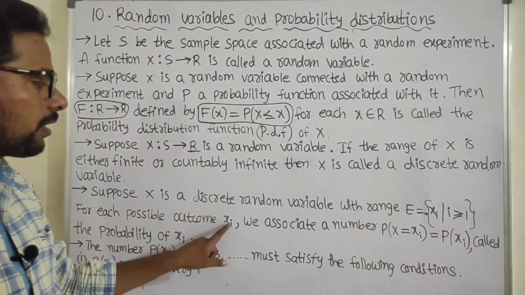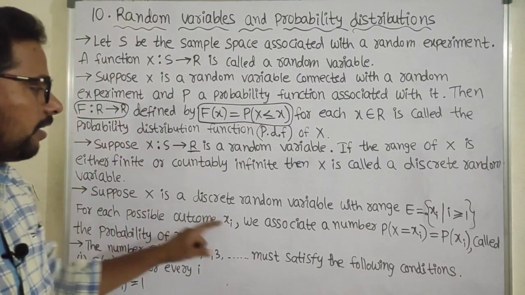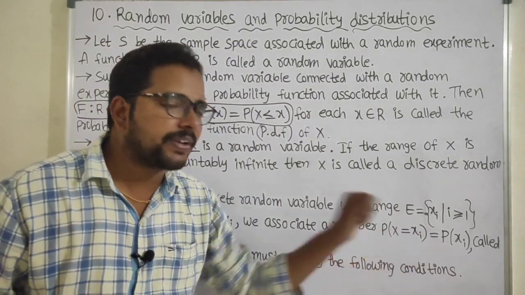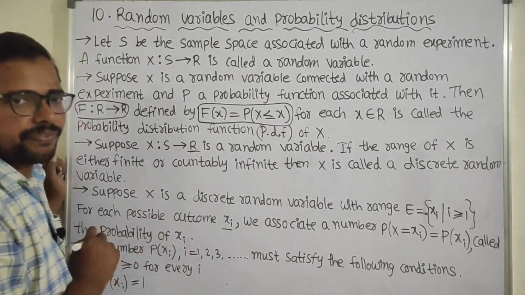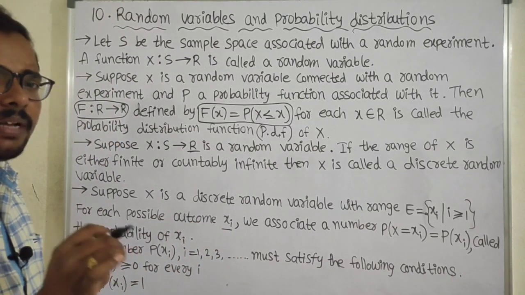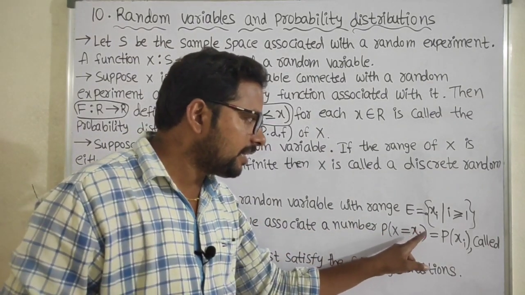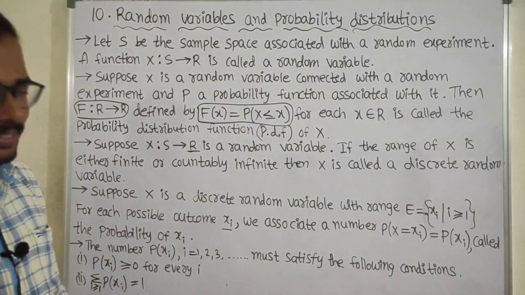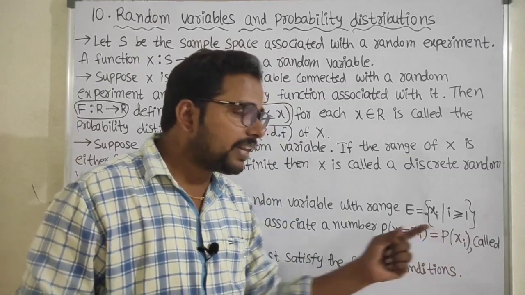For each possible outcome x_i, we associate a number P of X equals x_i, which is equal to P of x_i, called the probability of x_i.